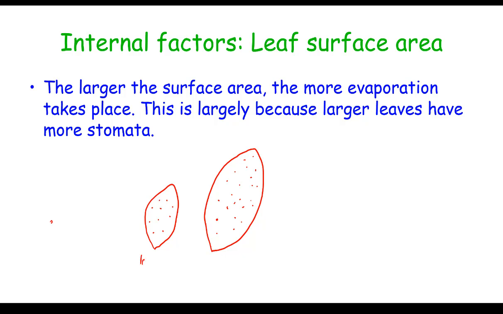So this one would lose less water, whereas this one would lose more water. So larger surface area equals more stomata, so there's more transpiration.